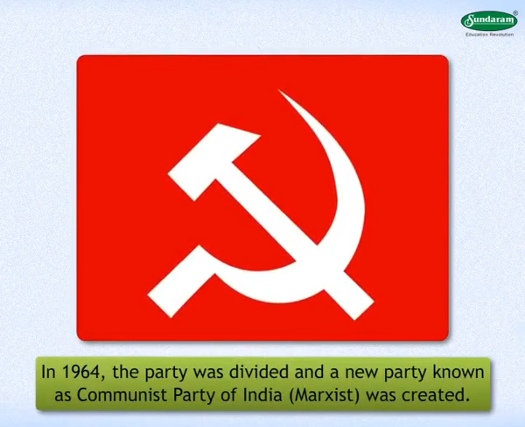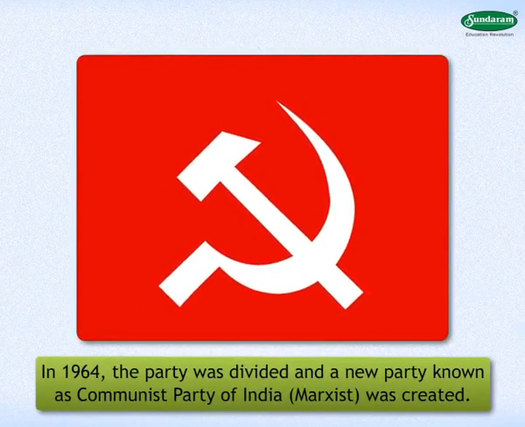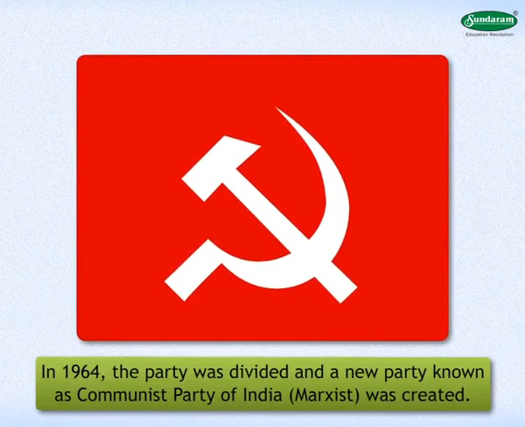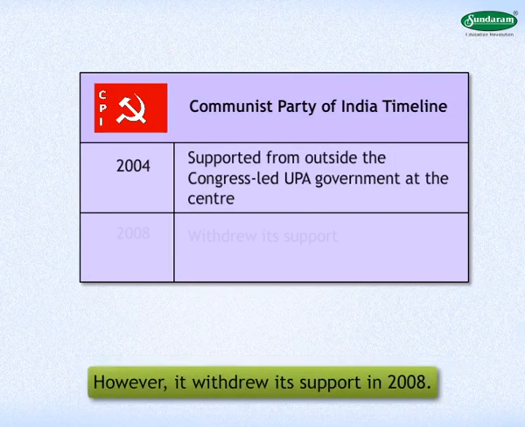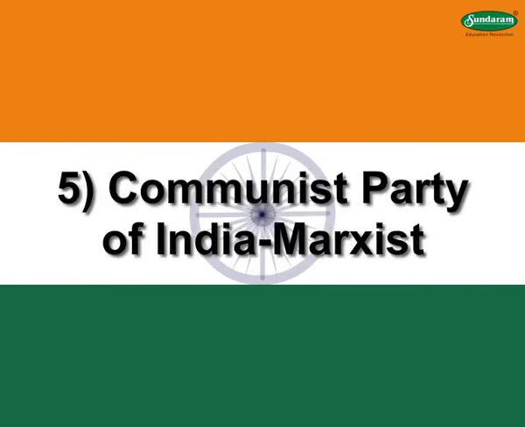In 1964, the party was divided and a new party known as Communist Party of India or Marxist was created. In 2004, the party supported from outside the Congress-led UPA government at the centre. However, it withdrew its support in 2008.